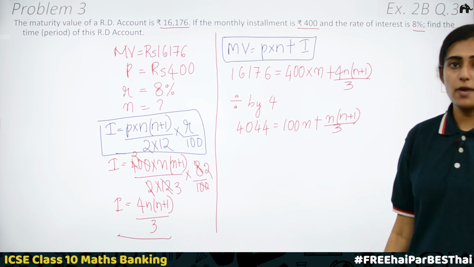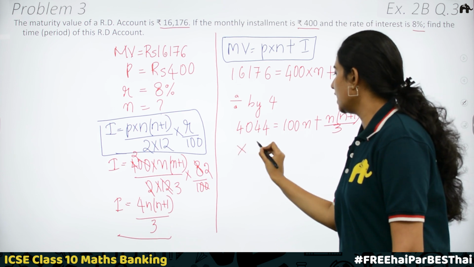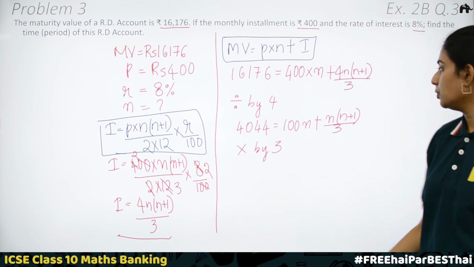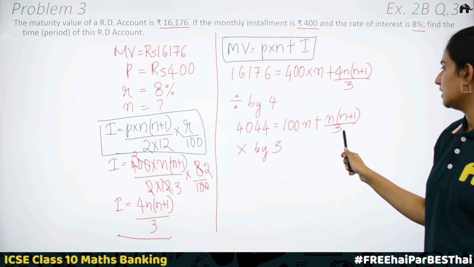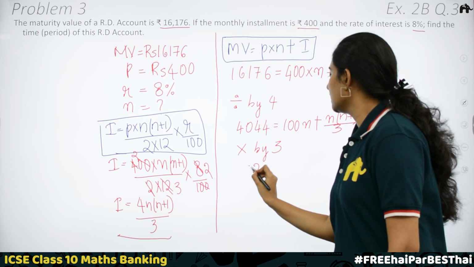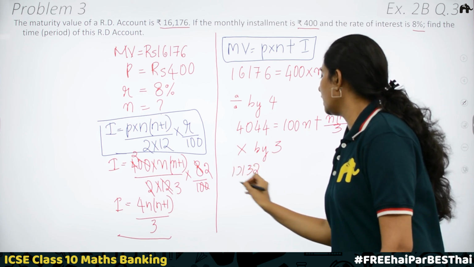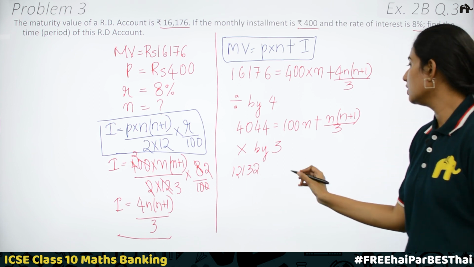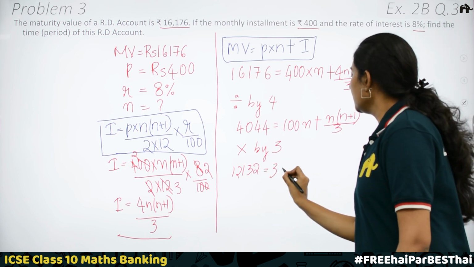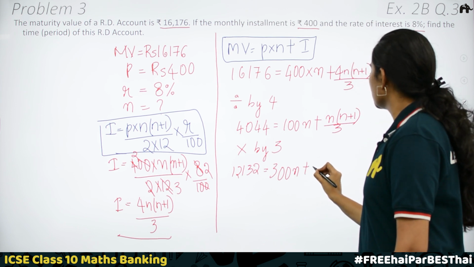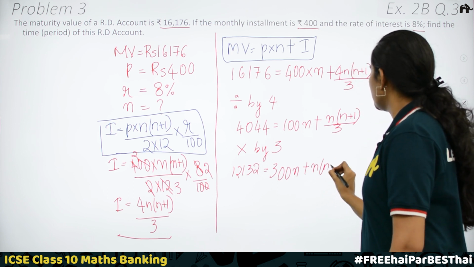Multiplying throughout by 3, what do you get? 12,132 is equal to 300 n plus n into n plus 1.